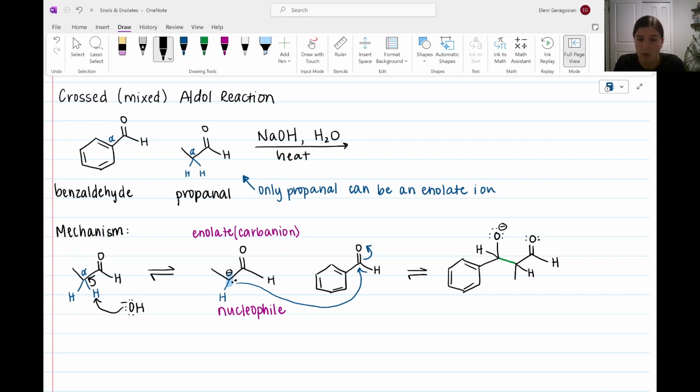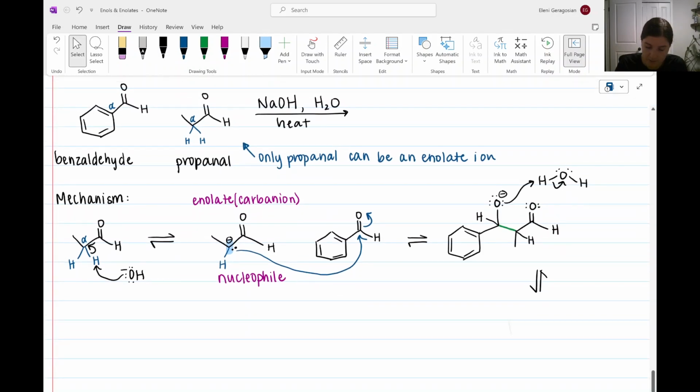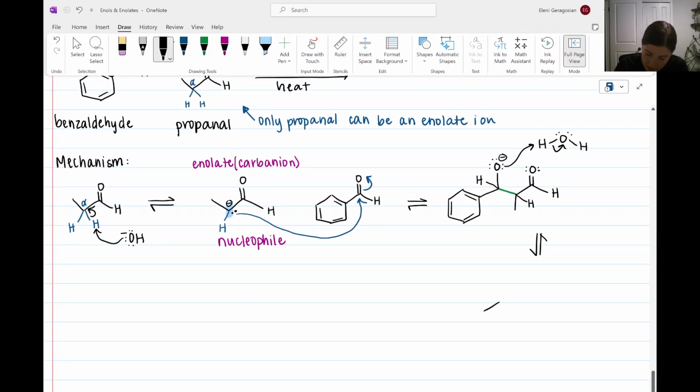All right, so at this point we have accounted for all of the atoms in the enolate and in the benzaldehyde. So we have a negatively charged oxygen, we have water present, we'll neutralize by protonating the oxygen. And with this step, we form the aldol product. In this case, it's an intermediate. I'm going to only emphasize the aldehyde hydrogen now.